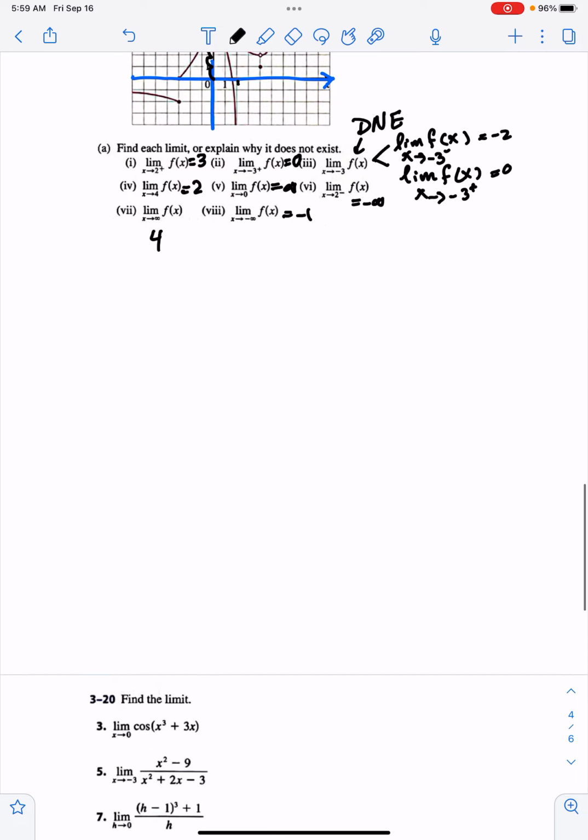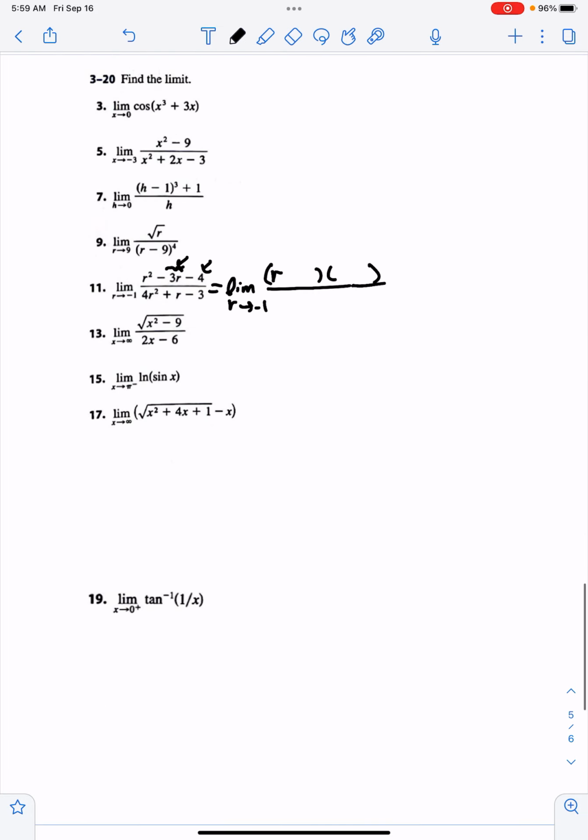If that's a challenge, I suggest that you go and watch those videos. So that would be negative 4 and positive 1: r minus 4, r plus 1.